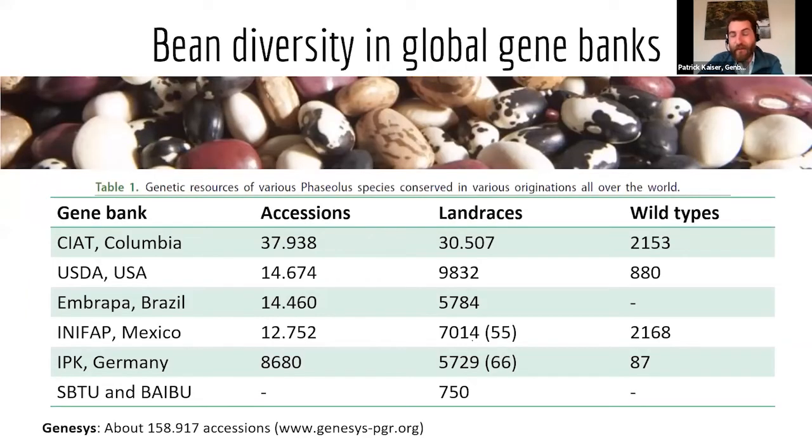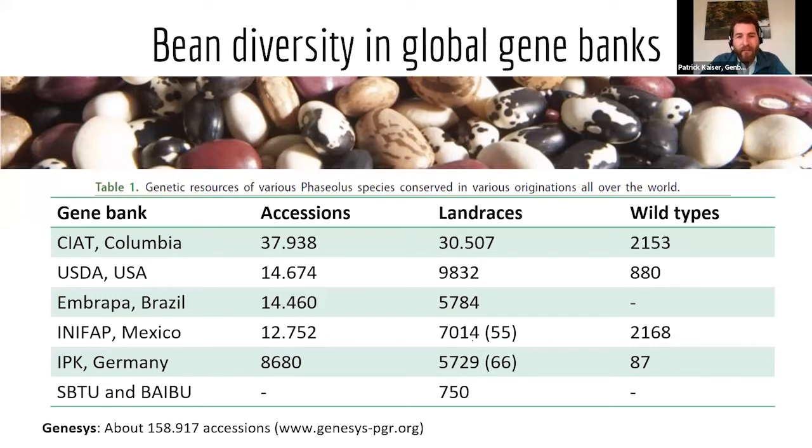And as we talk about diversity, I had a look at the gene banks to check how many accessions there are in our gene banks, where the potential is hiding. And here we have a few nice high numbers from CIAT, for example, in Colombia, storing 37,000 accessions of beans.